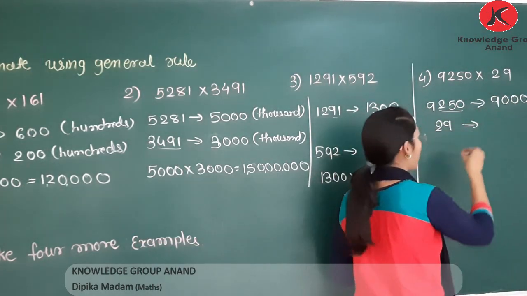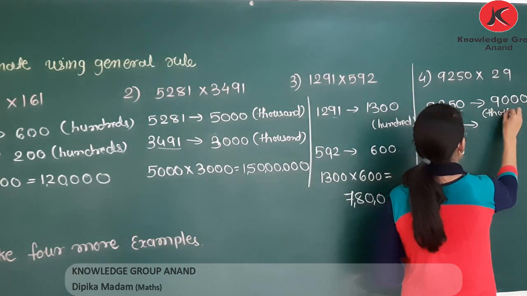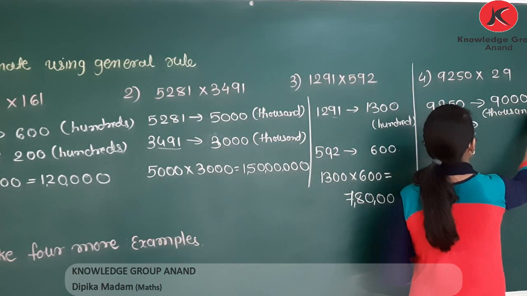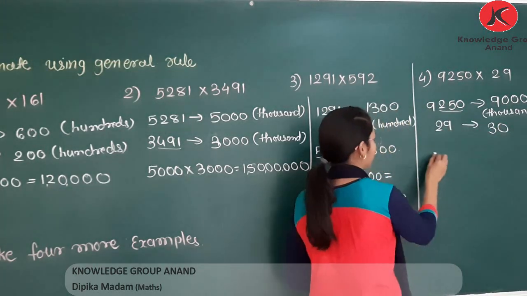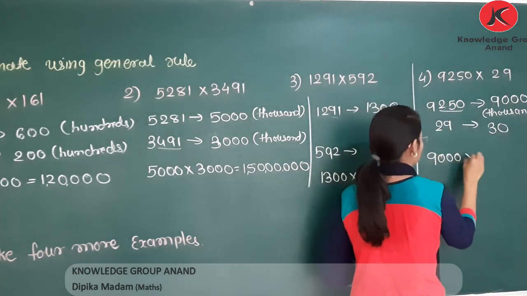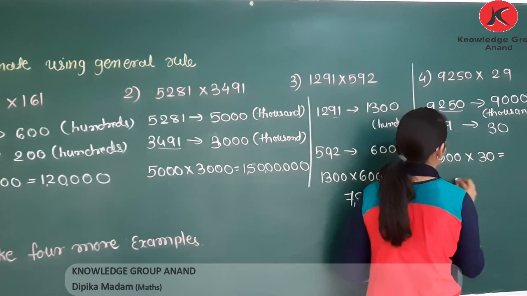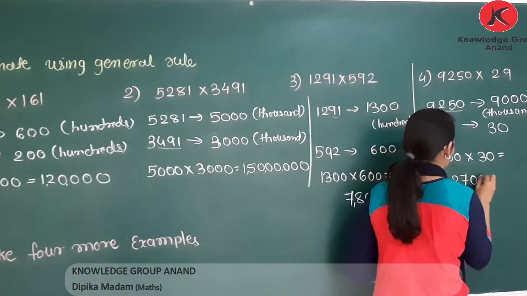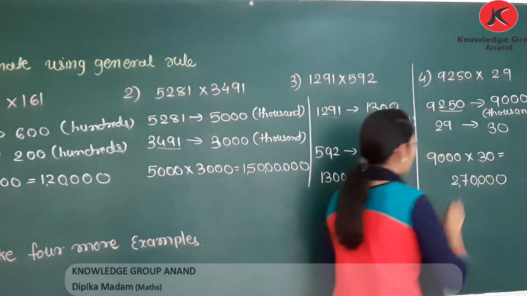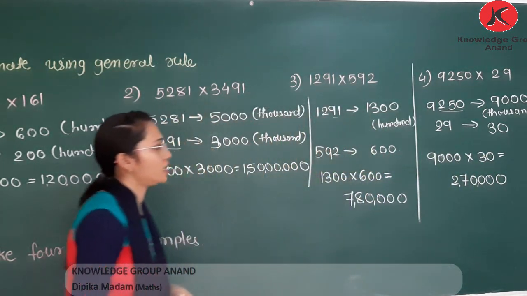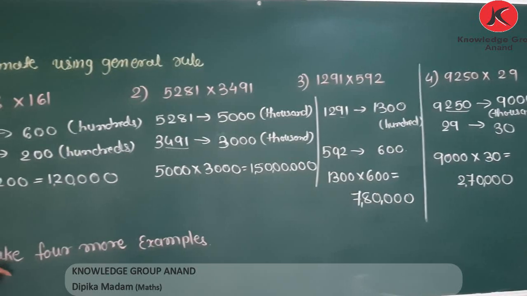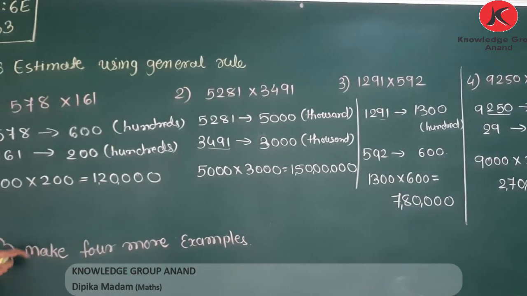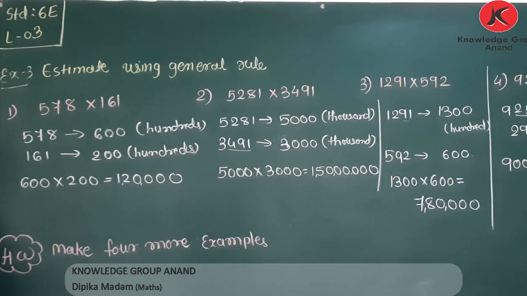If we perform the tens estimation, 29 is nearby 30. 2,70,000 will be the answer. Here in this question you need to make four more such examples for multiplication and you can perform any estimation.